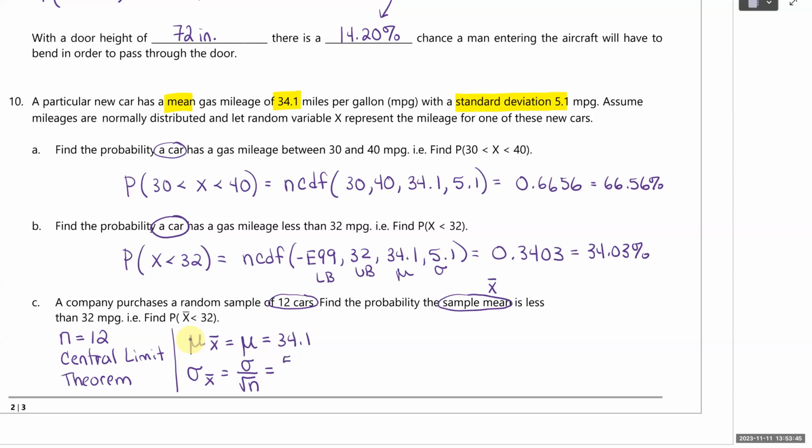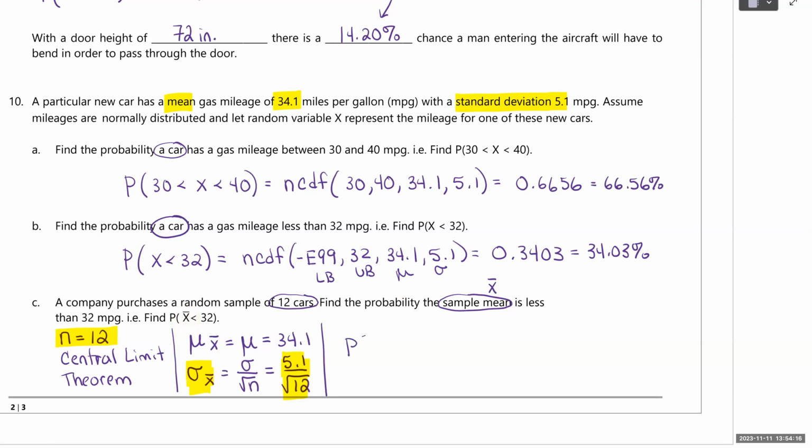So we take our original sigma, 5.1, and we need to divide that by the square root of 12. That is the change you really need to pay attention to. So our sigma changes because it's a sample of cars, and our probability will not have an X in it, that's an individual car. Our probability has X bar.